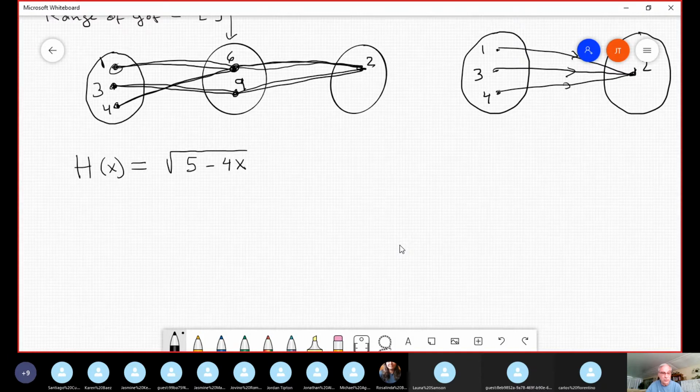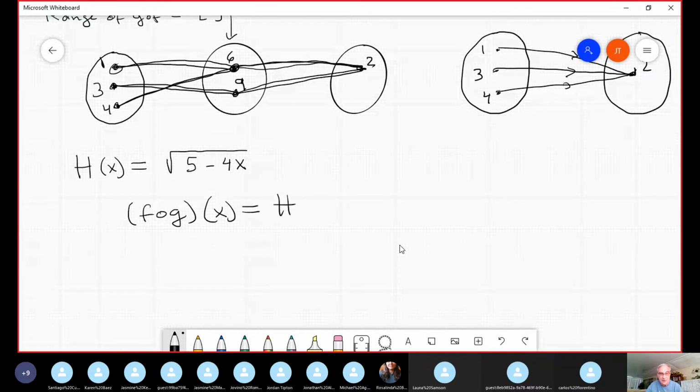Then they want to know, can you decompose this capital H function into 2 functions? Suppose that f composition g of x is equal to capital H of x. So decompose. There are many ways to decompose this function.